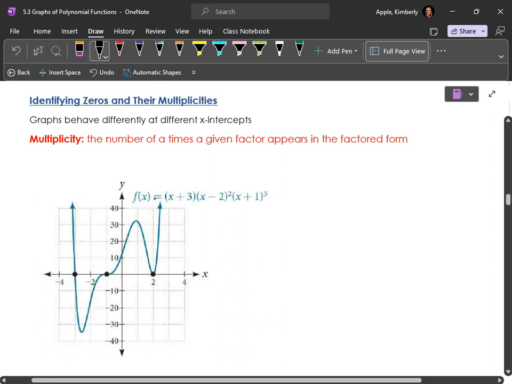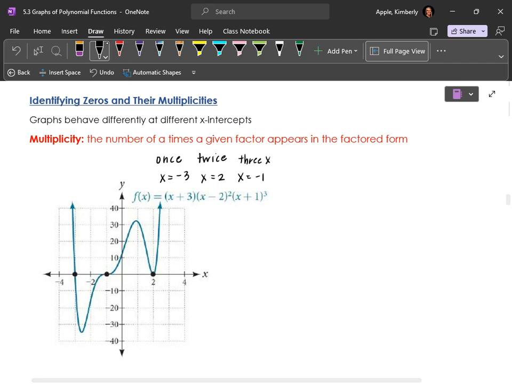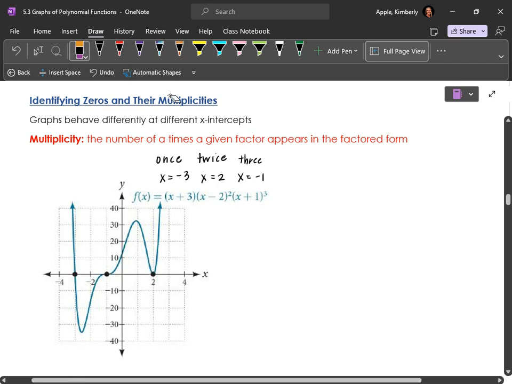So if we look here, this 0 would be x equals negative 3. It occurs once, so that's multiplicity 1. x equals 2 occurs twice, so that's multiplicity 2. And x equals negative 1 occurs thrice, or 3 times, and that's multiplicity 3.